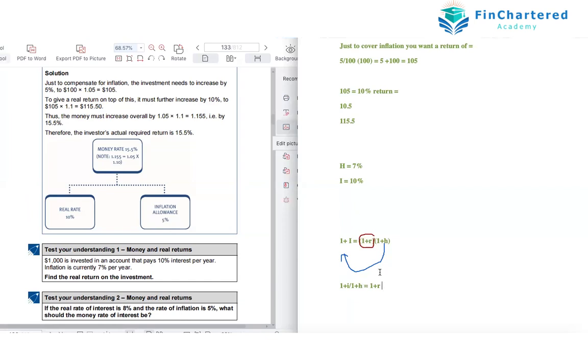1 plus I, you know, I is 10%. So 1 plus 10% is 1.1. 1.1 divided by 1 plus h, h is 7%. So 7% is 0.07. 1 plus 0.07 is the same as 1.07.